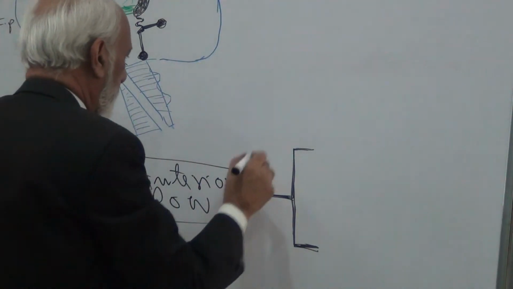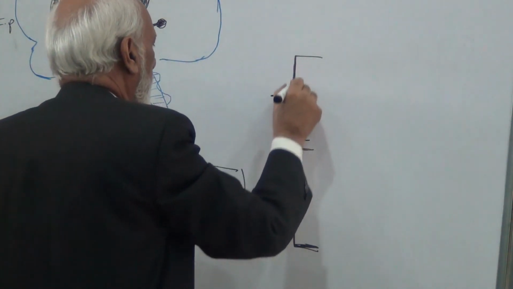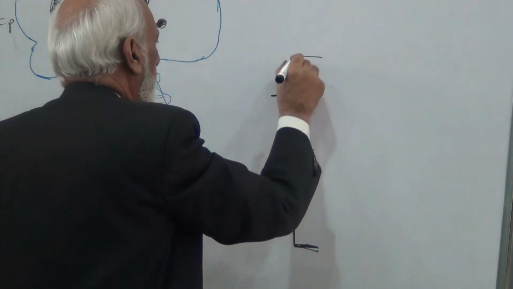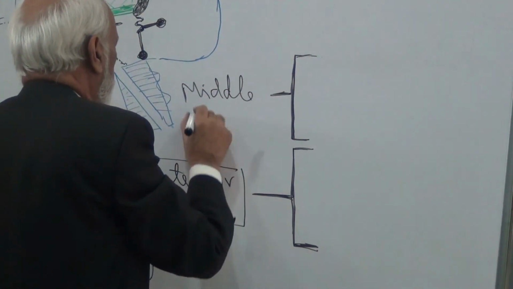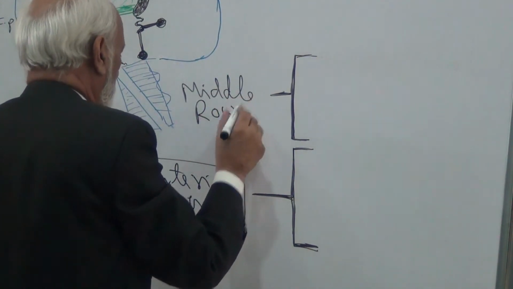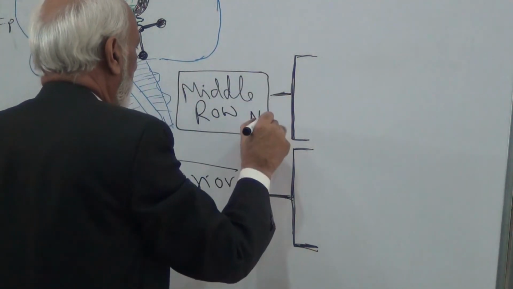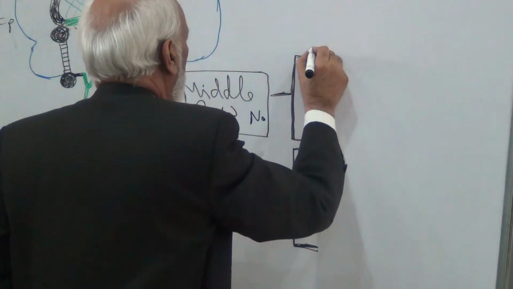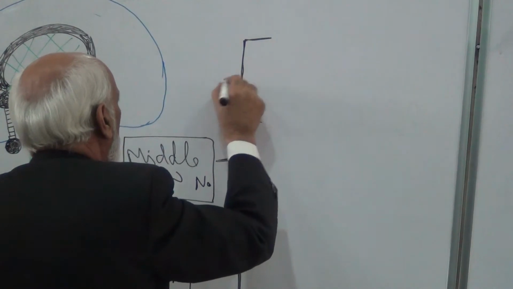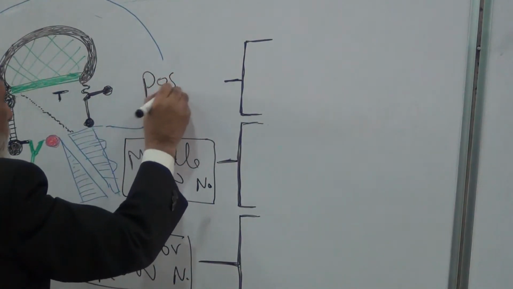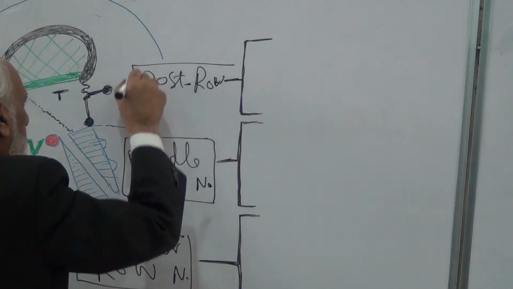Anterior row nuclei. Middle row nuclei. Posterior row nuclei.